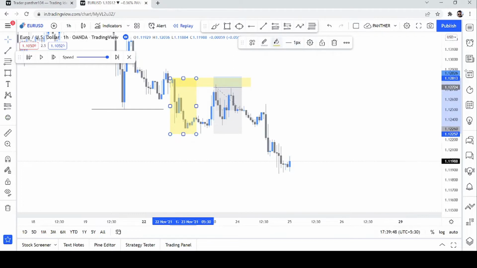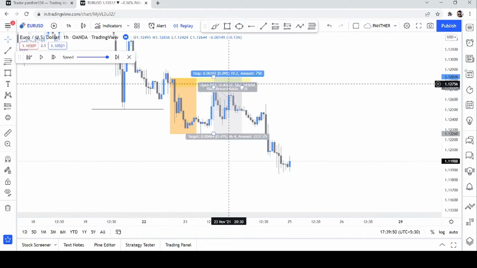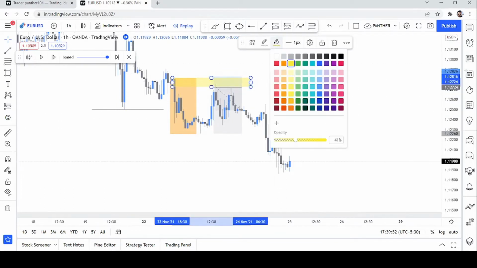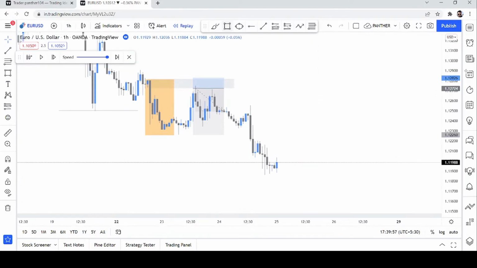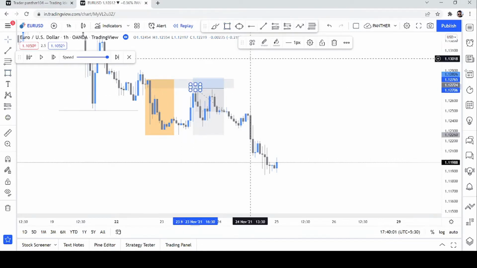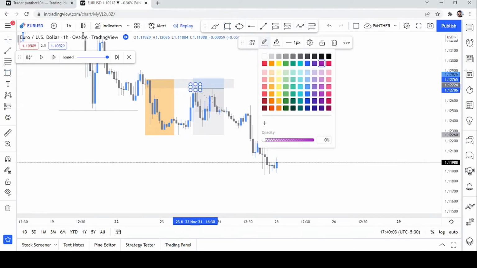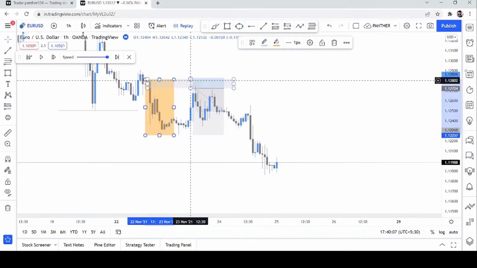Let me just change this to a different color just so you can differentiate the box. Here, our third box is right here. Okay, I told you three boxes, and this is our confirmation box. All right. So let's make this green.